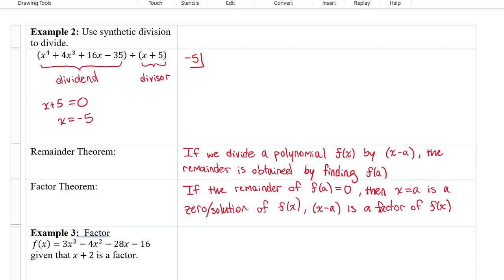So what we need to do now is look at the dividend, and figure out how many coefficients we need to set up for our synthetic process. Looking at my first number, it looks like I have an x to the 4th, so I need to lay out an x to the 4th coefficient, x to the 3rd, 2nd, 1st, and constant.